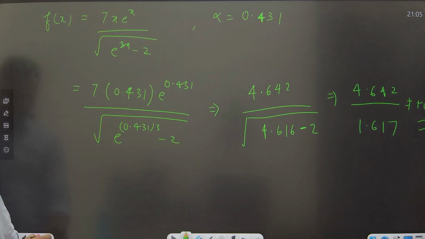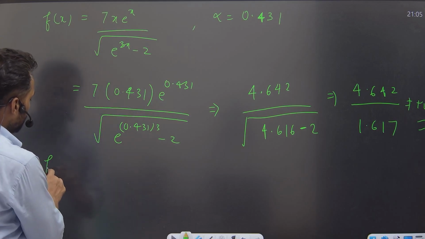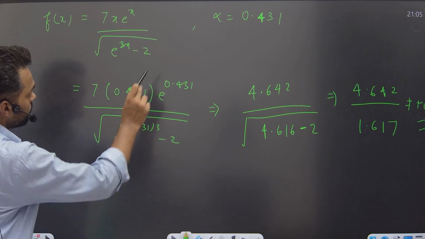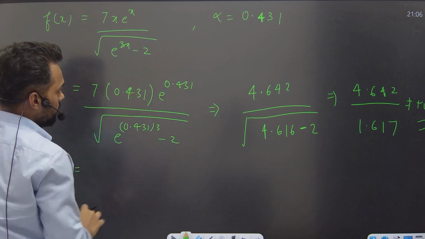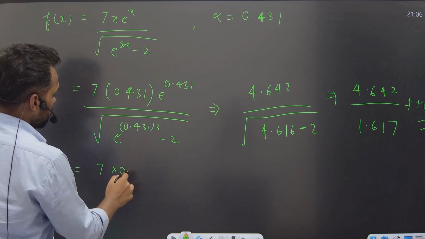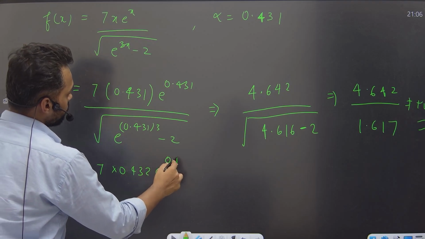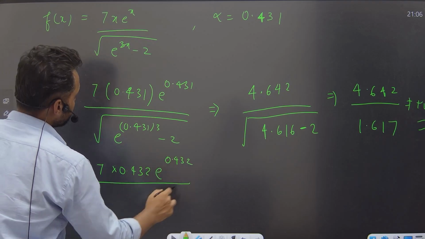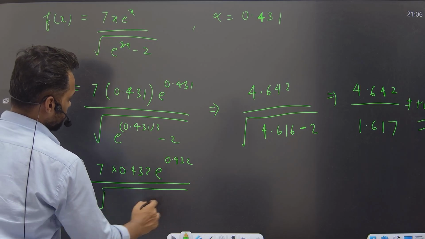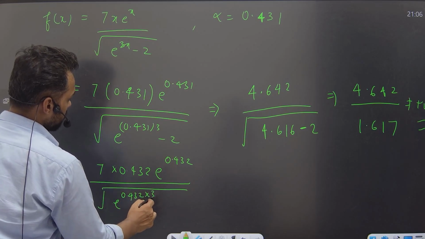But now we are plugging alpha equals 0.432. We have taken alpha equals 0.431. Now I am plugging alpha equals 0.432. Seven cross 0.432 e raised to the power 0.432 upon e raised to the power 0.432 cross 3 negative of 2.